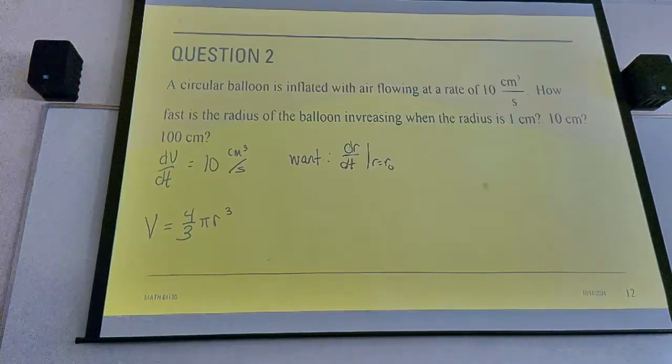The reason circular is there is because a circular balloon inflates to a perfect sphere, which is why we can use that volume. If it wasn't circular, that would not be the volume.